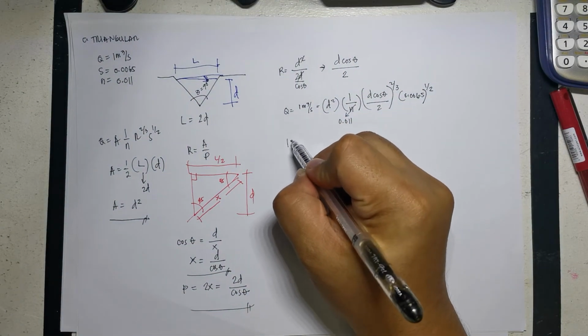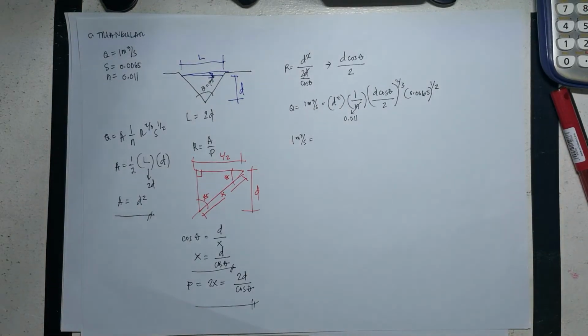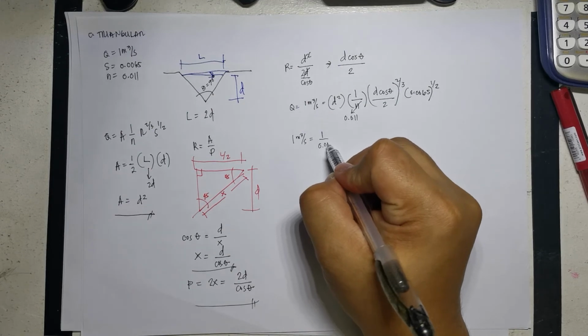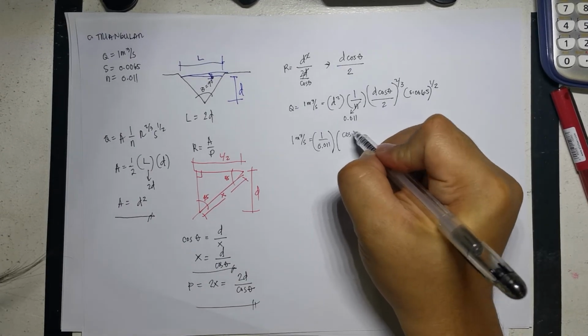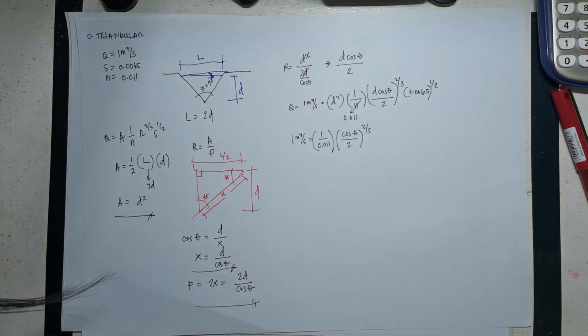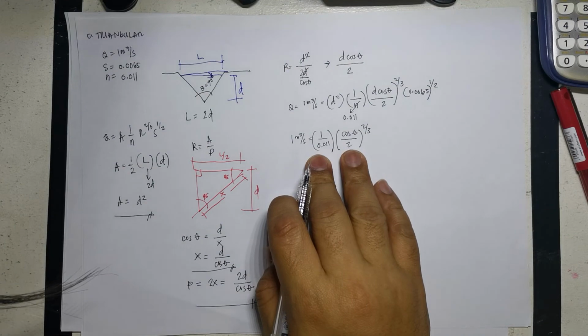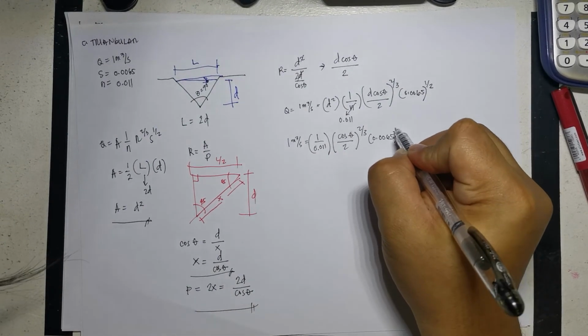So 1 cubic meter per second is equal to, labas natin yung mga constant, 1 over 0.011 times cosine theta over 2 raised to 2 thirds. Tapos 0.0065 raised to 1 half.